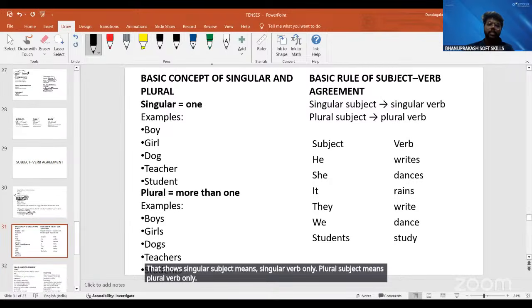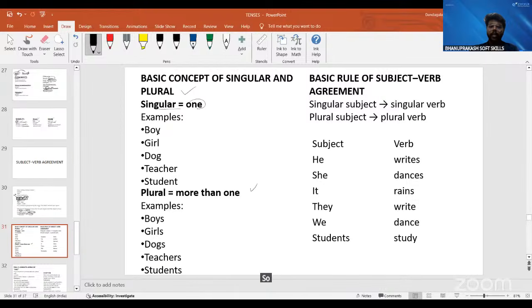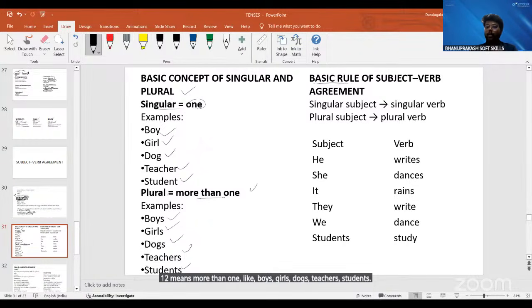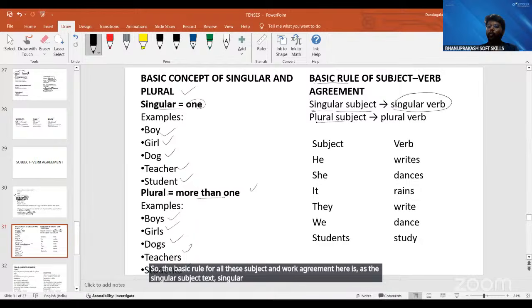As everyone knows, singular means one, like boy, girl, dog, teacher, student. Plural means more than one, like boys, girls, dogs, teachers, students. So the basic rule is that the singular subject takes singular verbs and plural subject takes plural verbs.